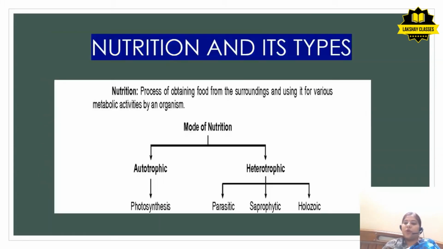So first of all, we will focus on nutrition and its different types. Nutrition is simply the process of obtaining food from the surroundings and then utilizing that food for different activities. When we eat food, only then we get energy to do work.